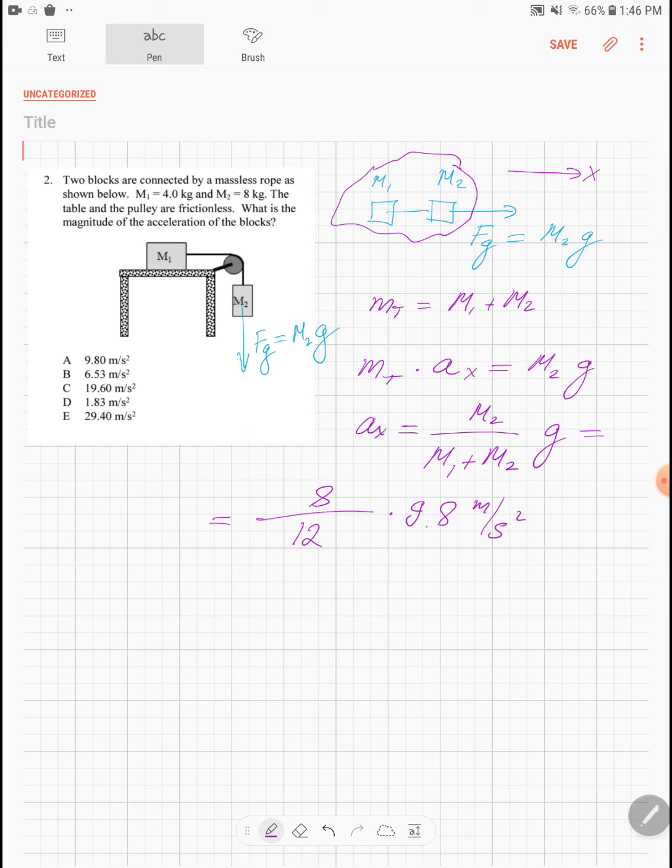Using our calculator, it's 9.8 times 8 divided by 12, and you will obtain 6.53 meters per second squared. So the answer is B.